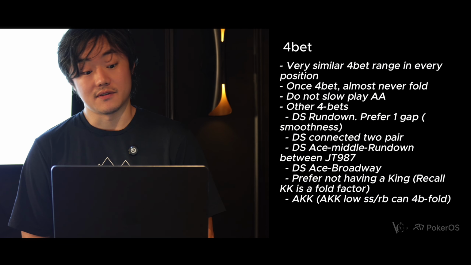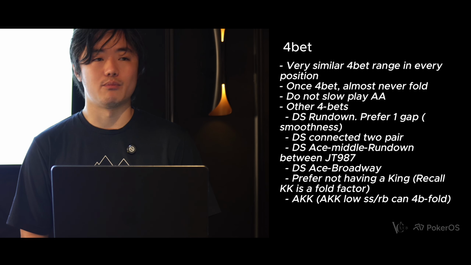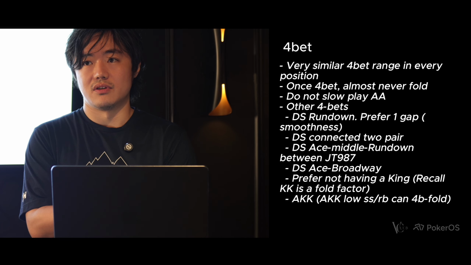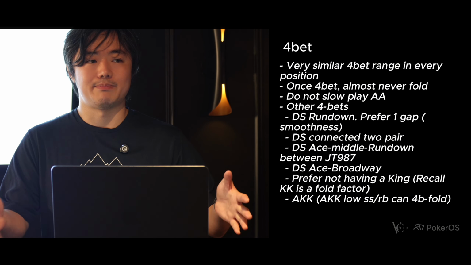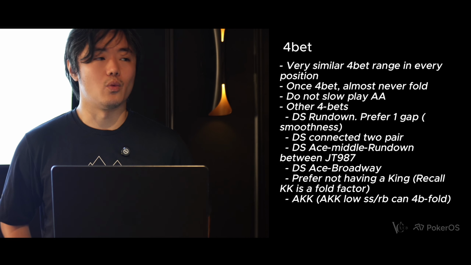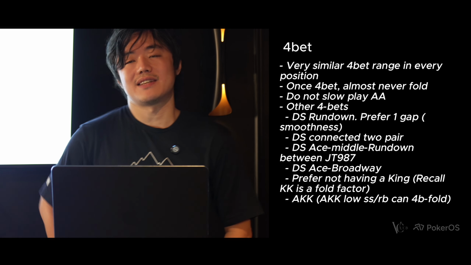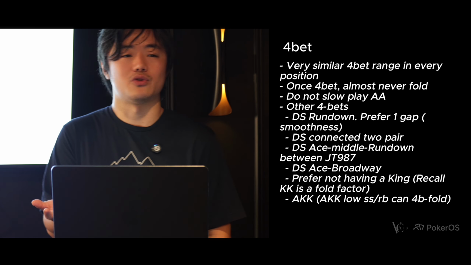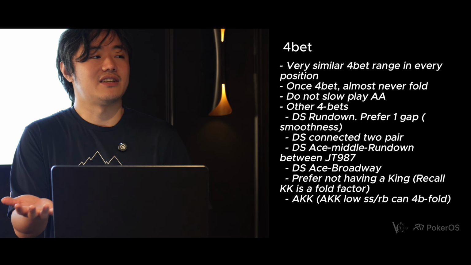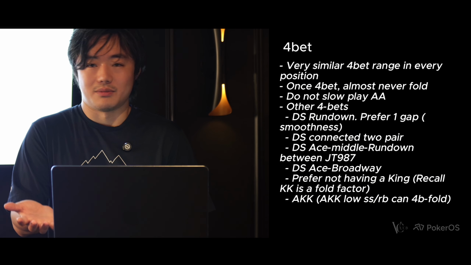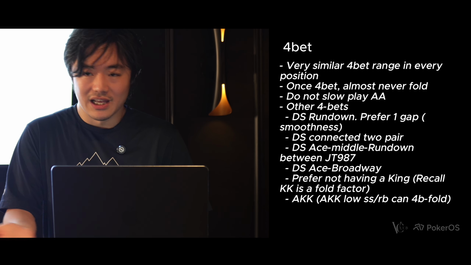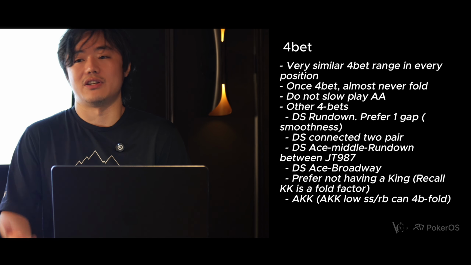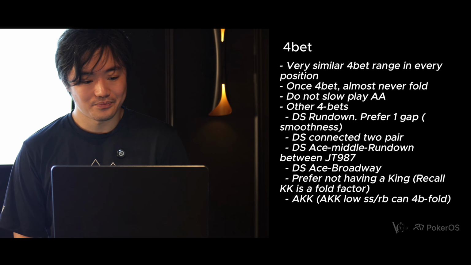The difference is that if we have a gap, it's even more smooth because the hand hits more boards, spanning one more card. You don't need to hit that hard. The only thing you want to do is to beat aces. If you have Jack 10 9 8, you're hitting so hard, but if you have Jack 10 9 7, you're hitting a little bit wider, but not that hard. The only thing you need to do is to beat aces.